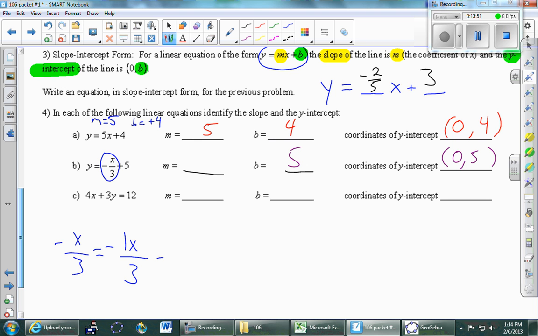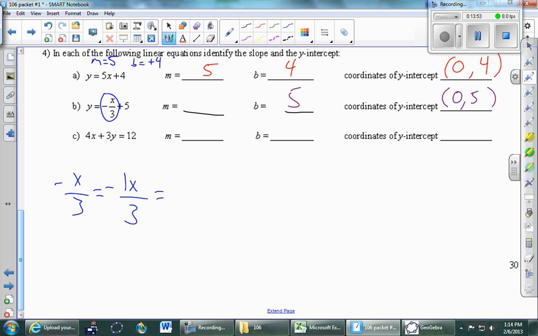And here's the part that's going to feel weird to some of you in the beginning. I'm going to peel that x off. I'm going to write this as a -1/3 times x. Just peel the x right off. And to convince you that this is allowed, that it's legitimate, what can I put underneath x without changing it? I can put a 1. And then I can ask you, when you multiply two fractions, which is what I've written here, how do we multiply?